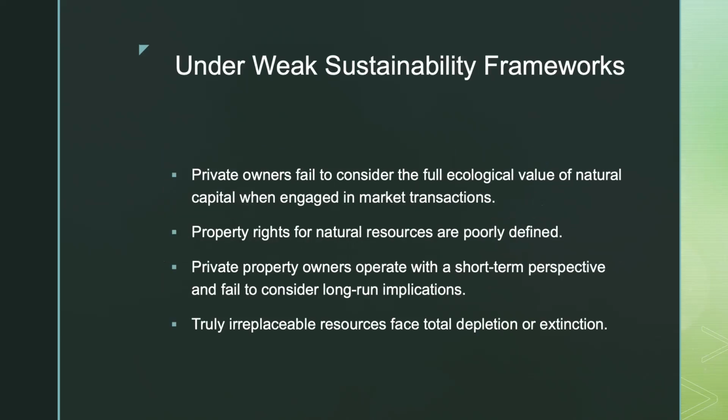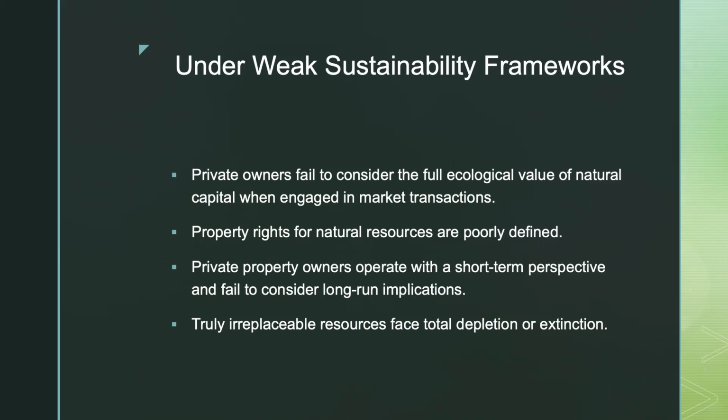Since we actually live mostly under a weak sustainability framework, these are the things that we see happening in our society. Private owners of natural capital fail to consider its full ecological value when deciding how to use it. Property rights for natural resources tend to be really poorly defined because they're not bought and sold in markets.